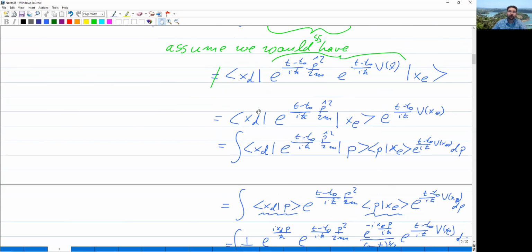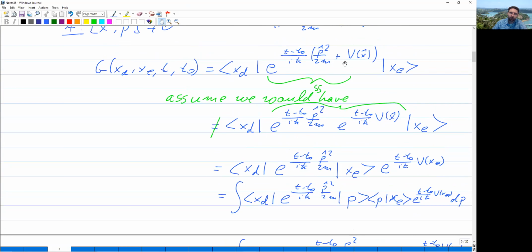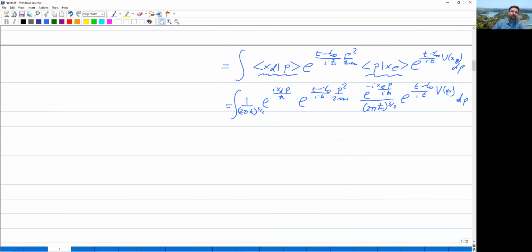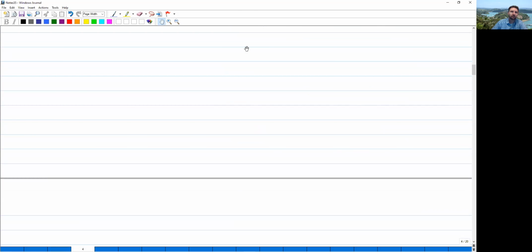So what we need is the mathematics of going from here to there for small delta t. This is called the Trotter product formula. We now use the Trotter product formula.